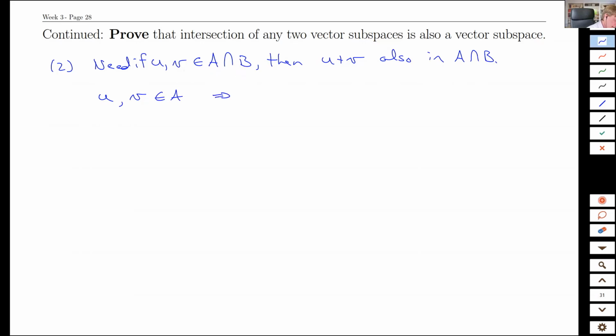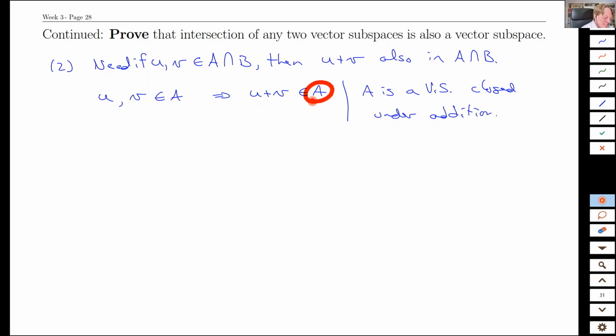And that means that U plus V is also in A. Why? Because A is a vector subspace, closed under addition specifically. If I have two elements of A, and I've already proven all the rules apply to A, then U plus V has to be in A as well.